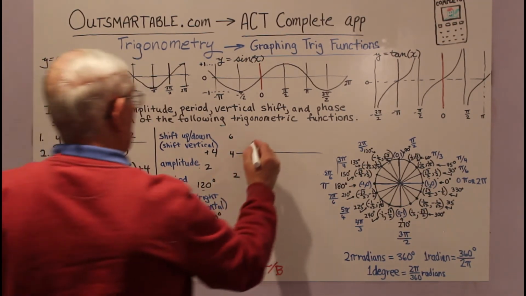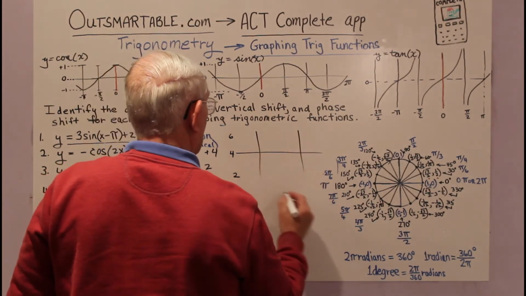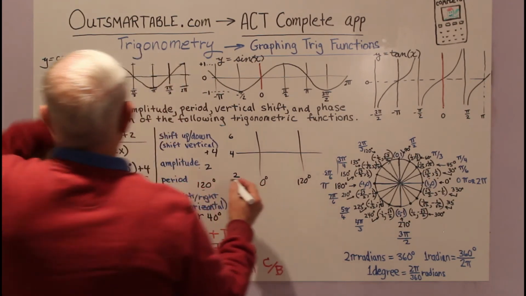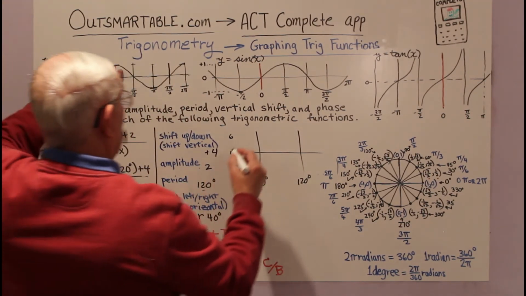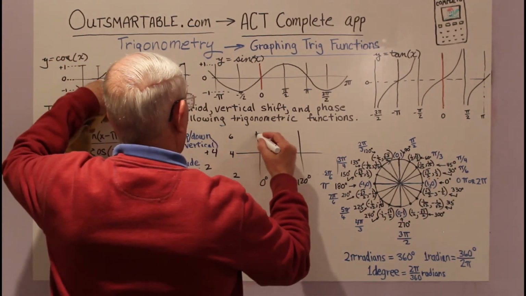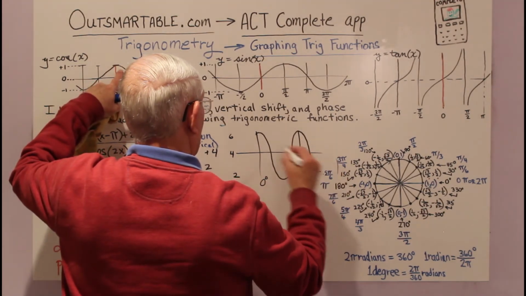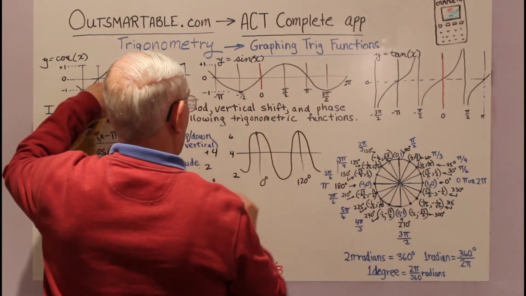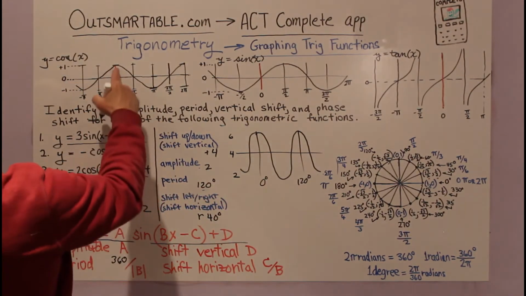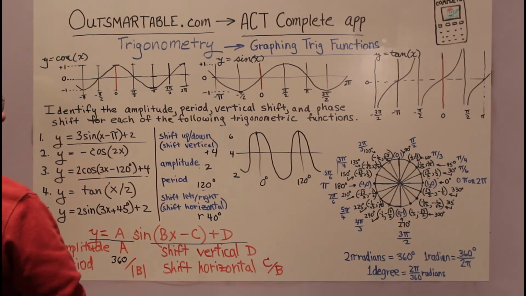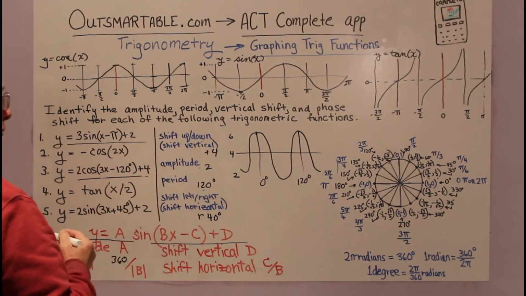The period is 120 degrees. 0 to 120 degrees. Cosine at 0 degrees is at the max value. And we're shifting this thing to the right 40 degrees.